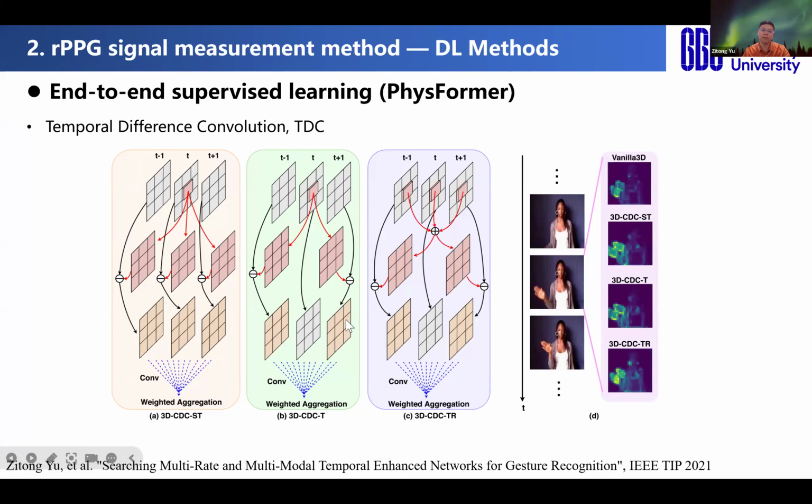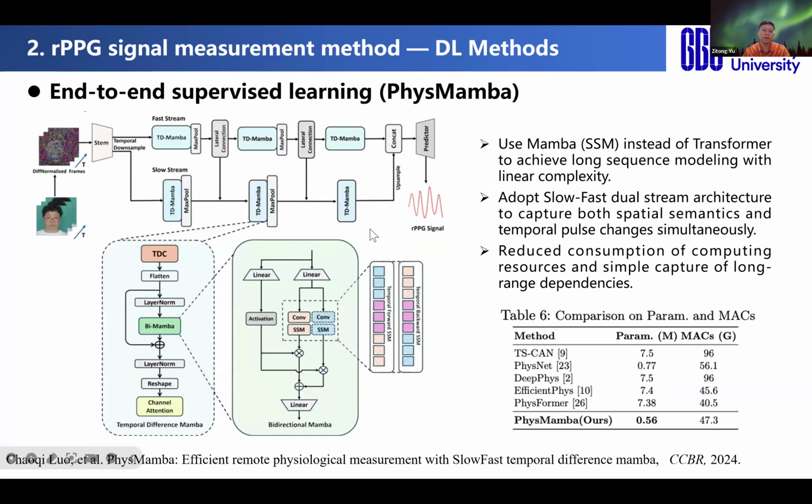Then we get the difference map, and we calculate the 3D convolution based on this gradient map. And we can see the feature maps from using different convolutions, for example, the linear 3D convolution and the temporal difference convolution. We can find that our proposed convolution can capture more reliable dynamics, for example, the hand trajectory. And we also apply this TDC into the Mamba architecture.